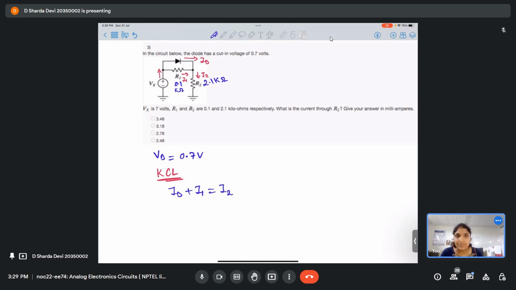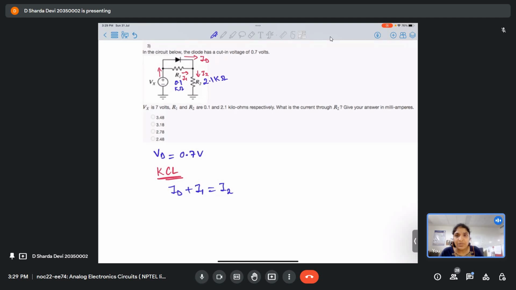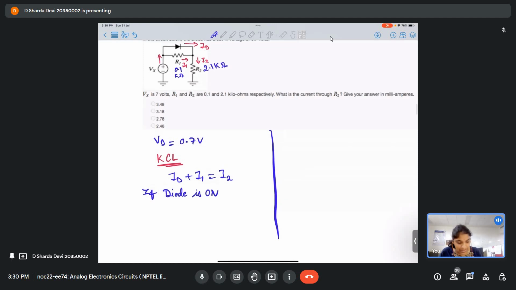This is clear, right? And secondly, let's say our diode is on. If the diode is on, then the voltage across R1 is 0.7 volts, right?